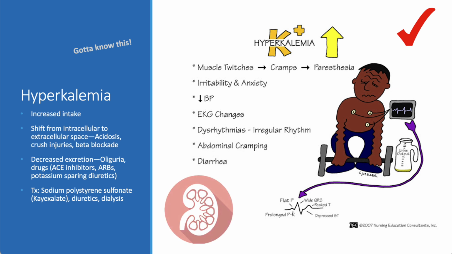Well, remember, that's where potassium lives, right? In the cells. So if you crush a whole bunch of cells, like your leg gets crushed, your potassium level could go really high because all those cells got crushed and broken open, and now the potassium leaks out into the bloodstream. So there's different treatments that we can use. We'll talk about them in just a second.